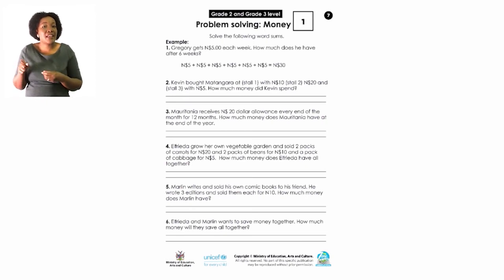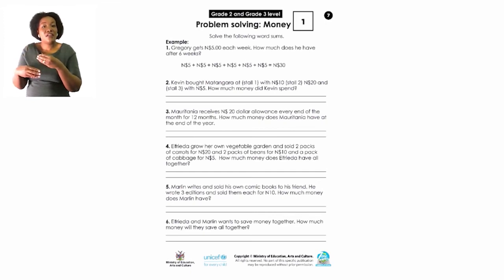We have to count again. 10 Namibian dollars plus 20 will give you how much? That is correct. It will give you 30 Namibian dollars. So you write the 30 Namibian dollars. How about the $5? Yes, we also have to add the $5 to the $30.